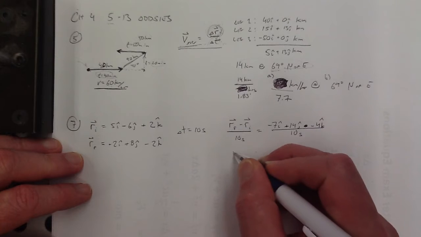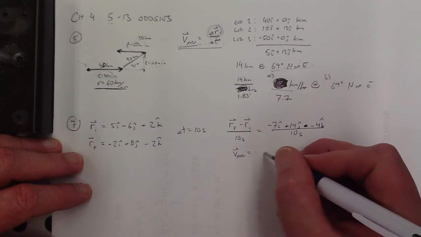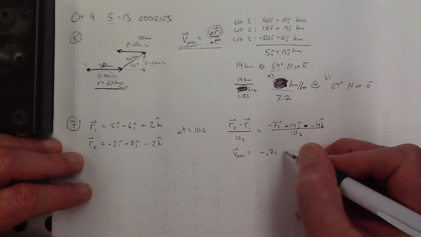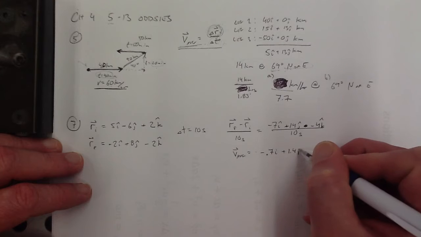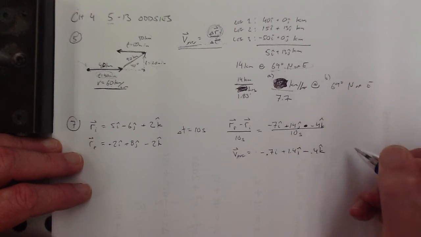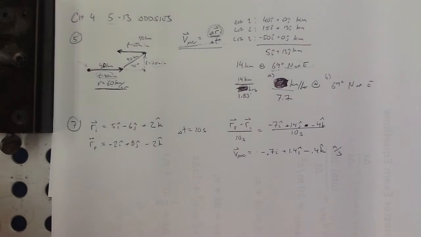So my average velocity is negative 0.7i plus 1.4j minus 0.4k meters per second. That's my average velocity. That's all we need to do there. Check answer. Looks good.